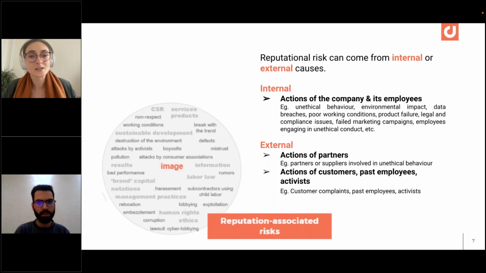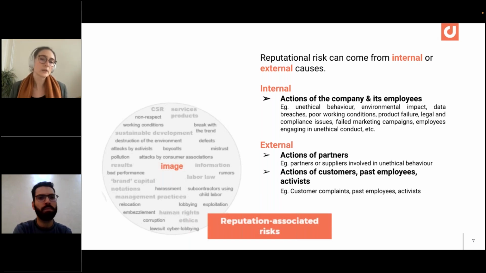Sometimes crises start from a failed marketing campaign that is not understood as it was intended. We can have employees engaging in unethical behavior, especially if you're talking about CEOs and founders.